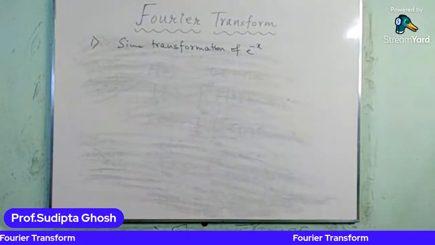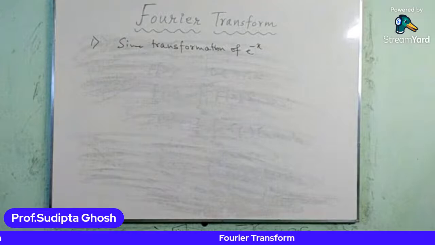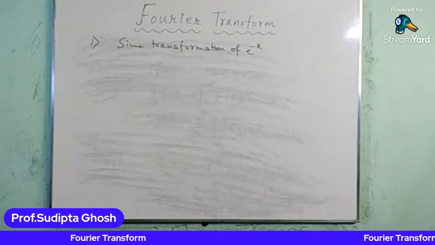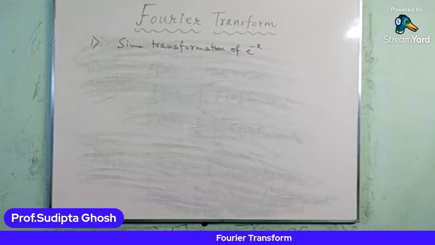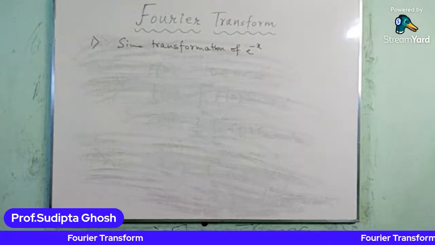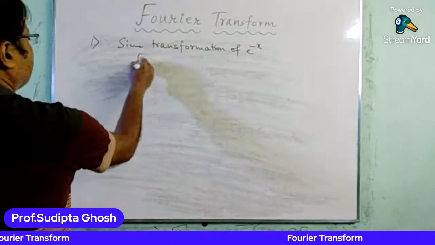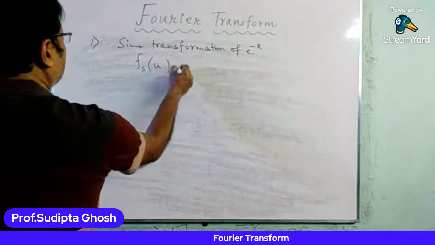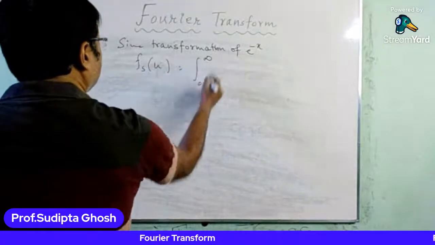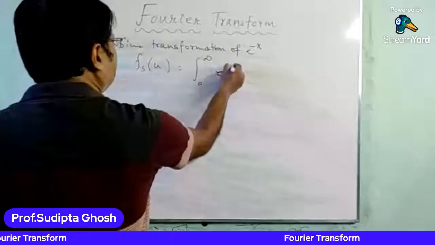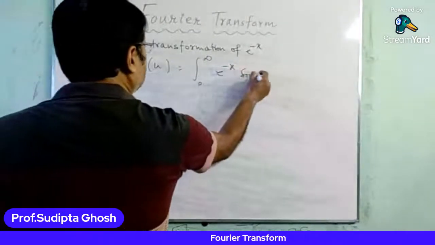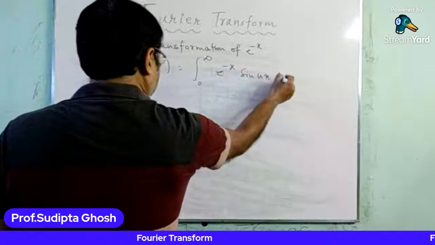So here the function f of x is given as e to the power minus x, and if this is the infinite Fourier sine transformation, then we have Fs(n) equals integral 0 to infinity, the function itself, that is e to the power minus x, then sine nx dx.